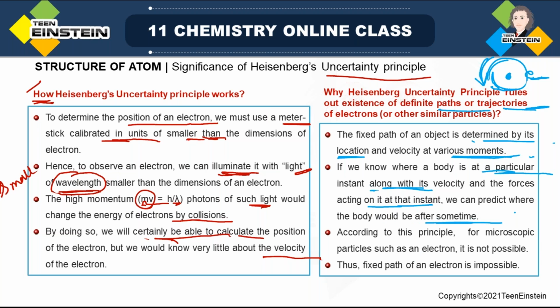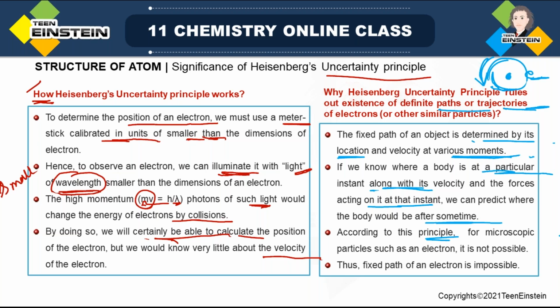But we have already seen that based on the Heisenberg uncertainty principle, we cannot do so. You cannot determine its location as well as velocity simultaneously according to this principle. So that is the reason, according to the Heisenberg uncertainty principle, that for microscopic particles such as electrons, the existence of a definite path or trajectory is not possible.